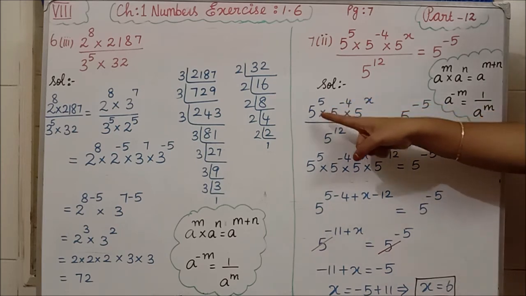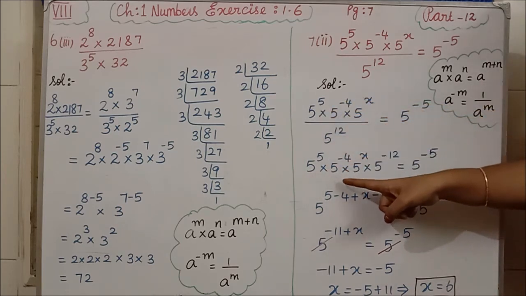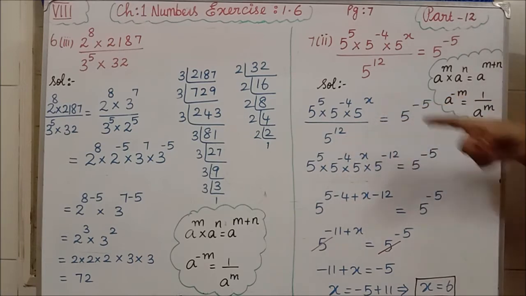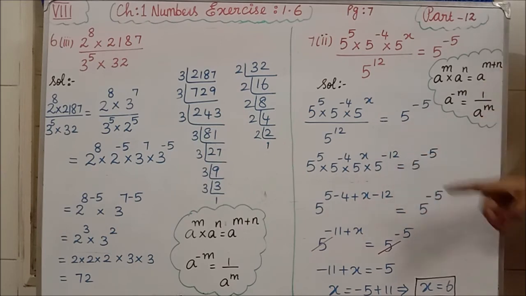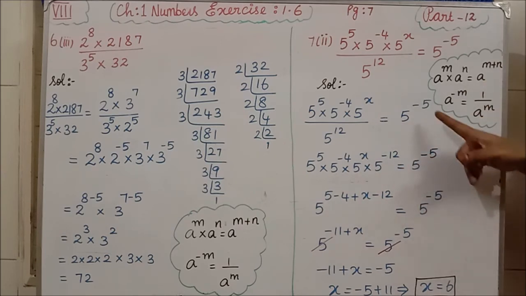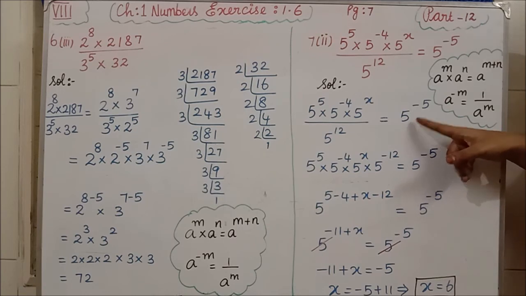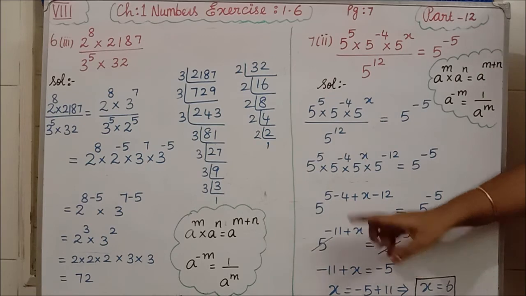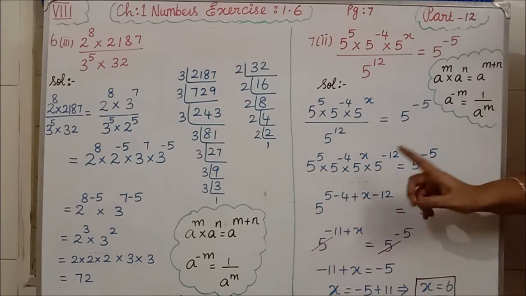The remaining 5 power 5 as such, 5 power minus 4, 5 power x, and this 5 power 12 when it comes to the numerator it will become negative, 5 power minus 12, is equal to 5 power minus 5, which I am writing as such. Clear? Now observe here: 5, 5, 5, 5.